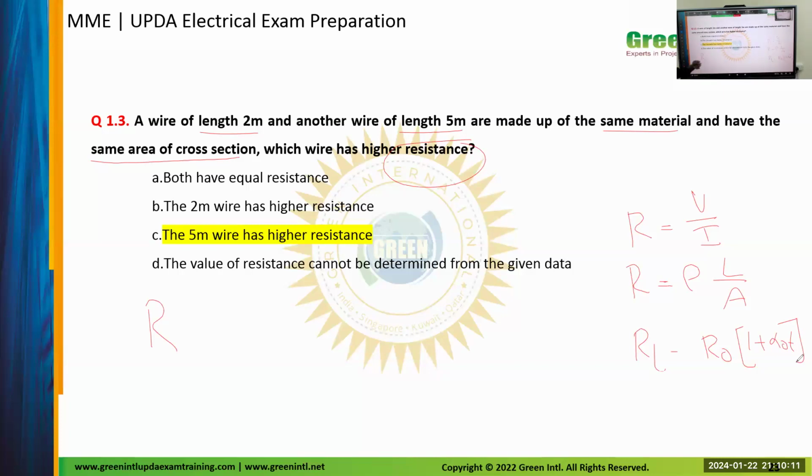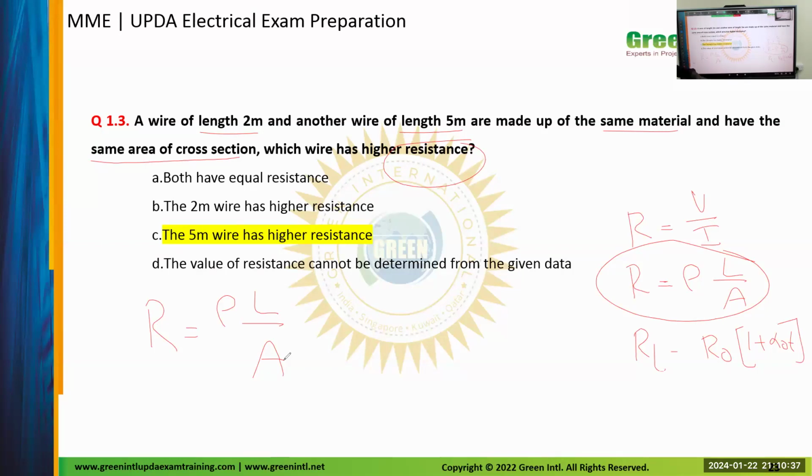So which formula do we need to use? Here the given data are length, cross-sectional area, and same material. Material means the resistivity. So we need to use the formula R is equal to rho L by A. From this formula, we understand resistance is directly proportional to resistivity.